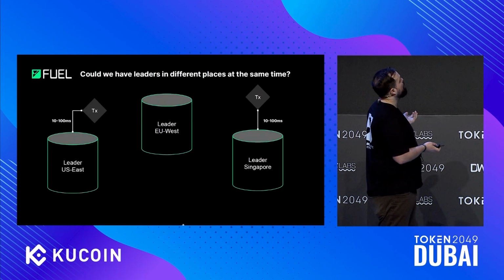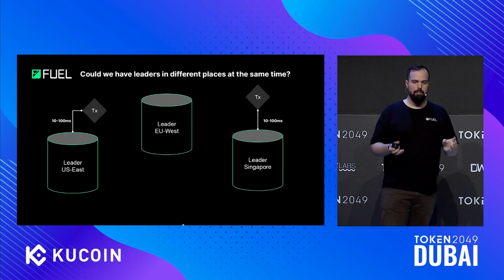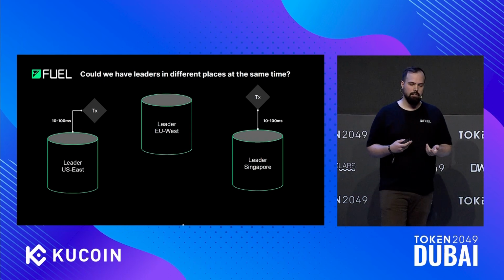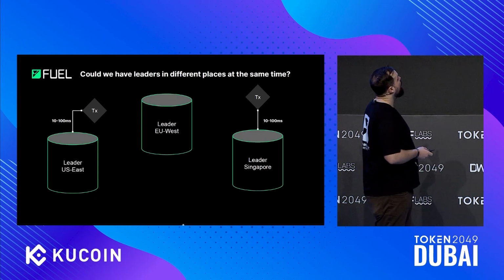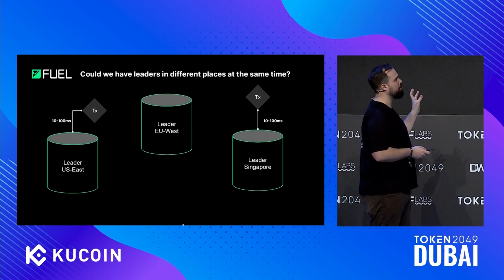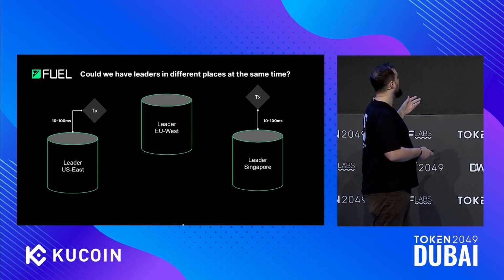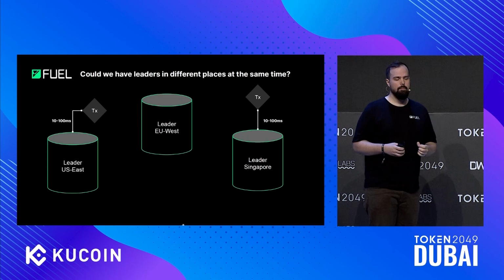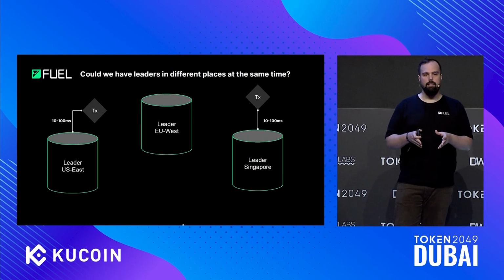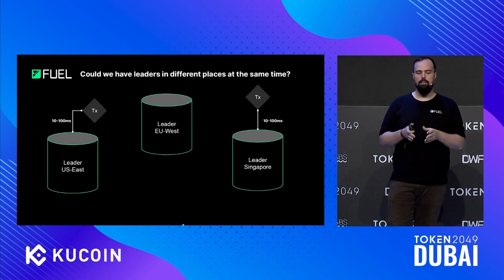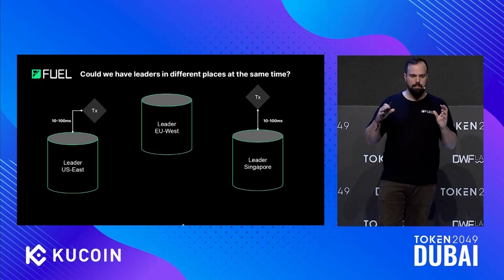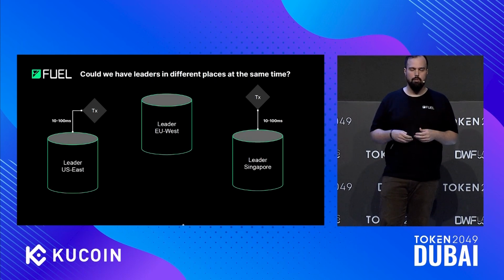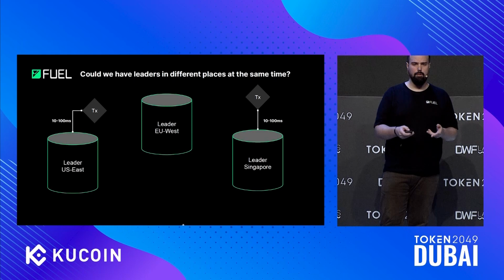One idea that's been floated around to improve the view and the communication for blockchains is to have different leaders in different places. You could have a leader in Asia, a leader in EU West, a leader in EU East, and when they're building and leading the chain, this is going to allow you to have faster block times, at least for those users.